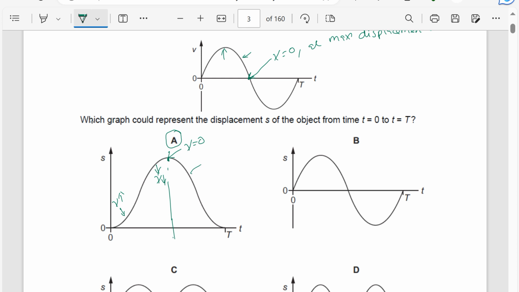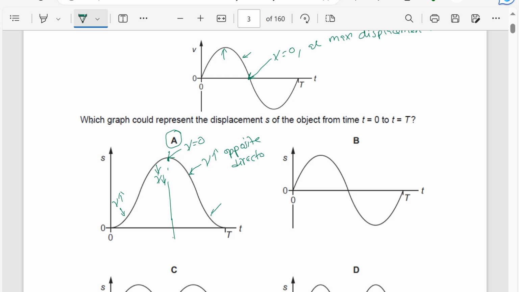Then on this part here, the gradient is increasing, but in the opposite direction because it's negative. So it means the velocity becomes negative. So v increases, but in the opposite direction. So this part here shows an increase in velocity.